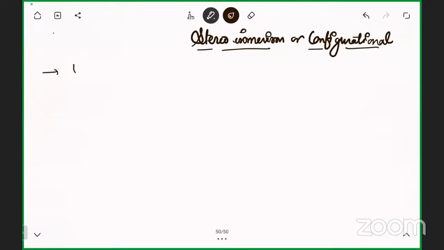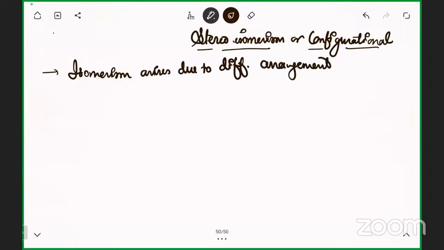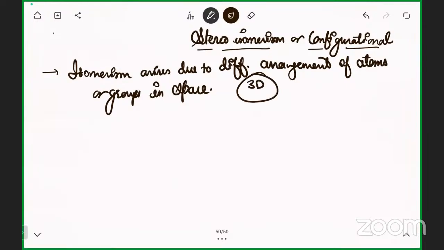You can say the isomerism arises due to different arrangement of atoms or groups in space. Molecules have the same molecular formula but different arrangement of atoms, and we generally talk about the 3D representation over here.